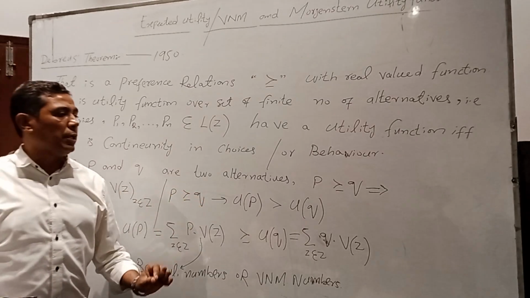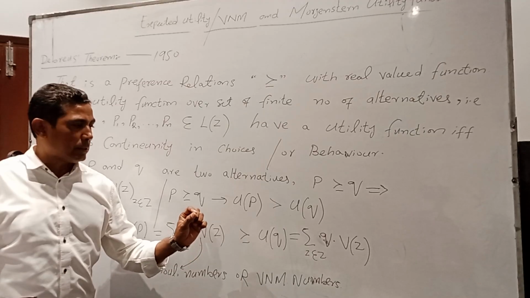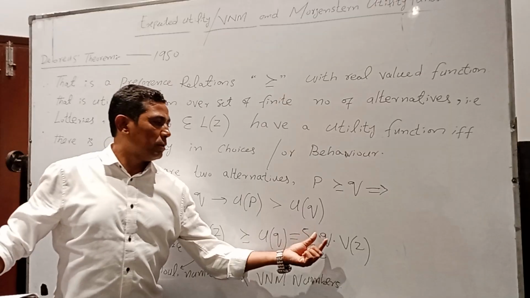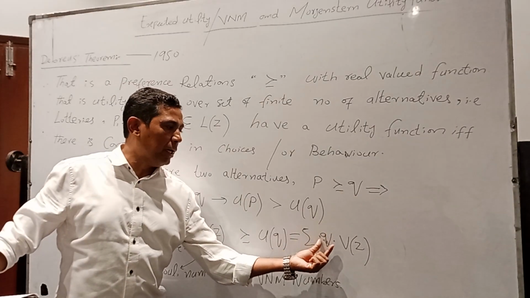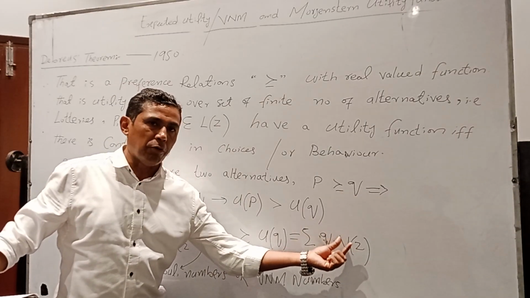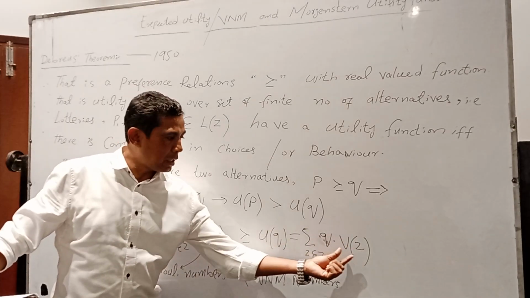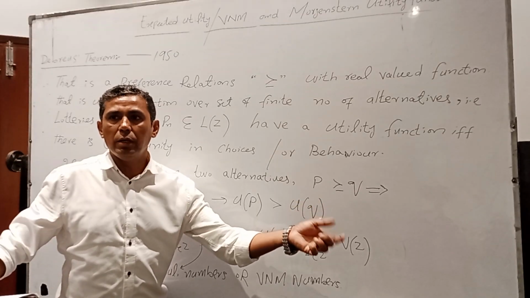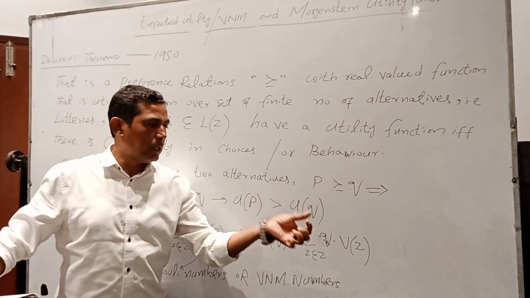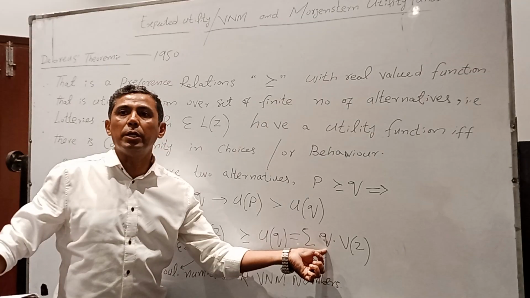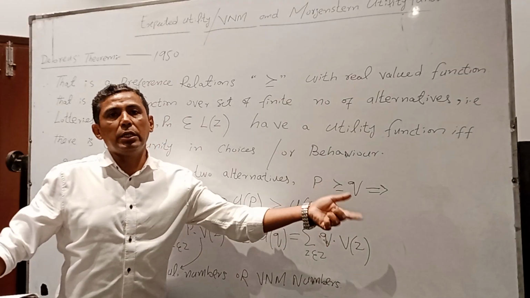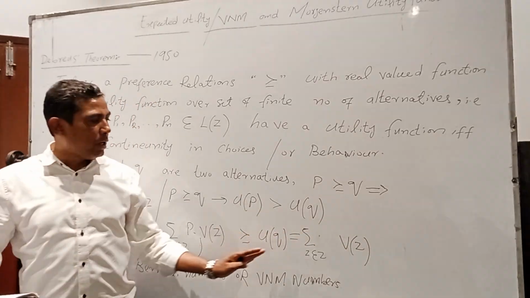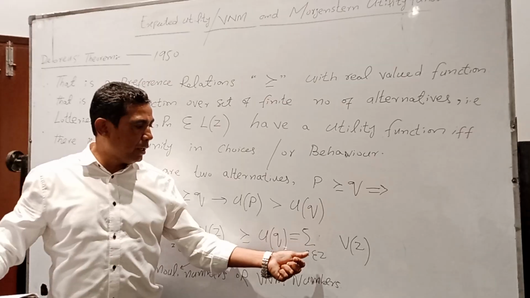The difference is that under certainty we don't have any probability assigned to the value of the outcome, which may be $10, $100, and so on. Expected utility depends on the probability, which we have discussed. Under certainty you don't have this, but you have the same kind of utility function.